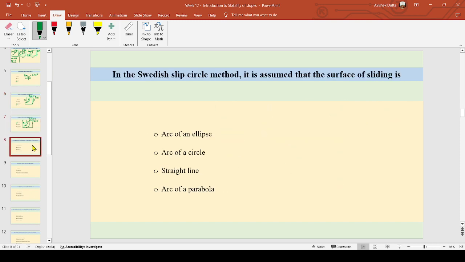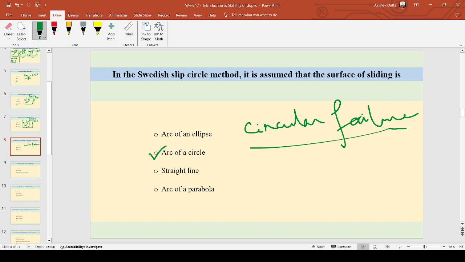Okay. Next question. In the Swedish slip circle method, it is assumed that the surface of sliding is, obviously, as the name suggests, Swedish slip circle method, an arc of a circle, because we are considering over here that the mode of failure is circular failure.